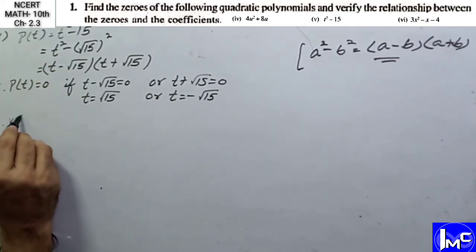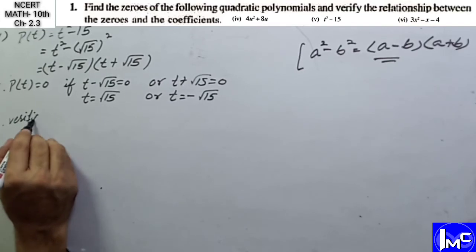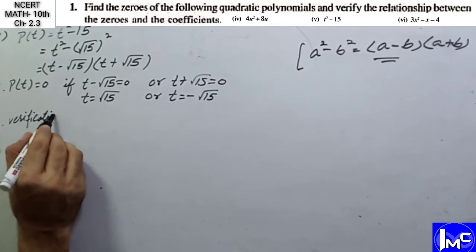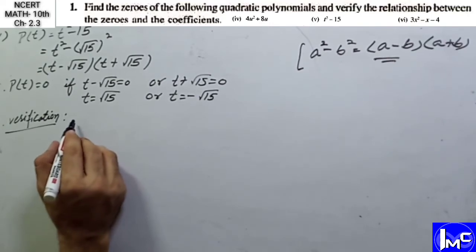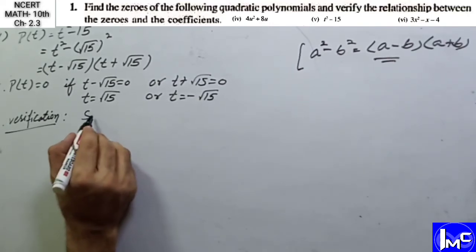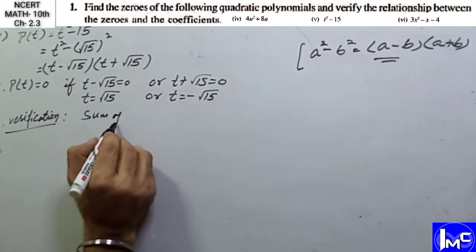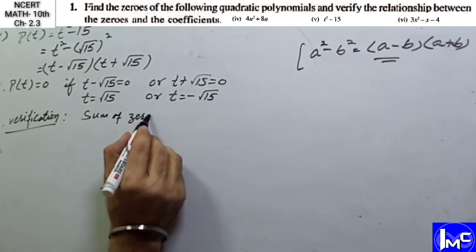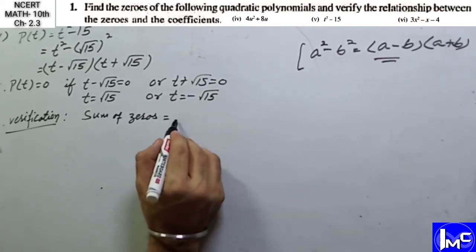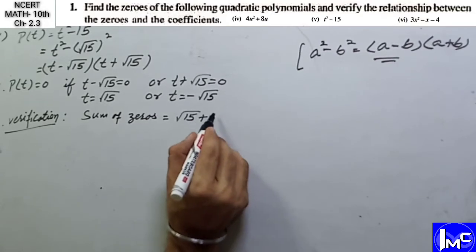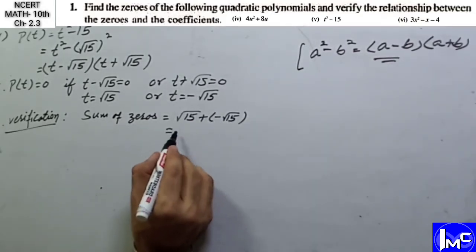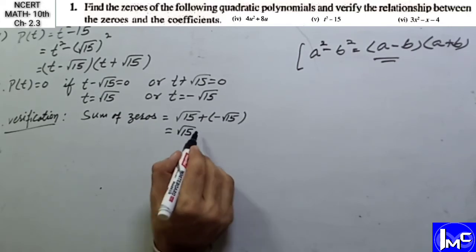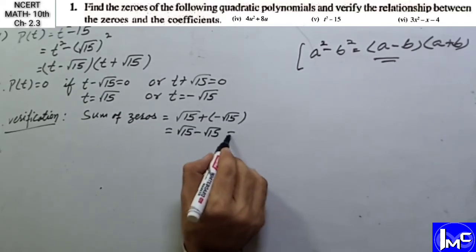Now verification. Sum of zeros is equal to under root 15 plus minus under root 15, that is under root 15 minus under root 15, that is 0.